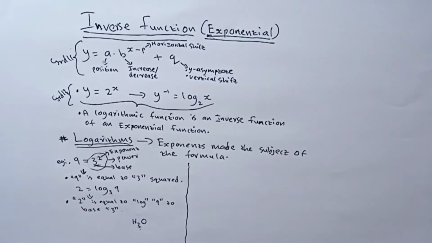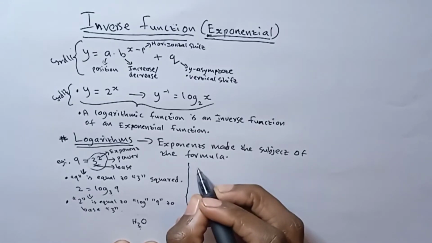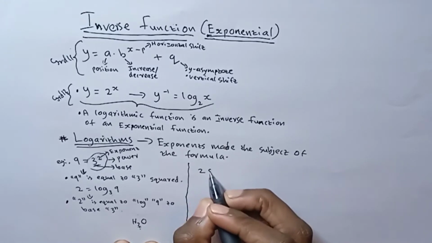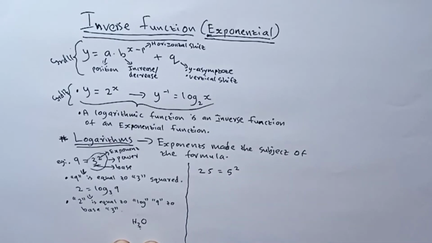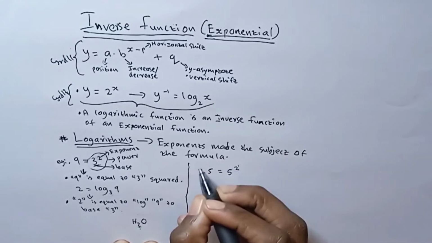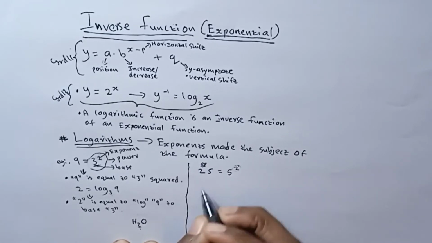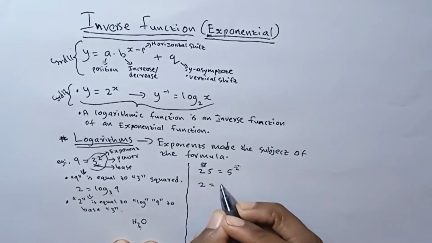Makes sense. So how do we convert them? Let's say for an example, an interesting example would be 25 being equated to 5 to the exponent 2. If I want to make 2 the subject of the formula, I will say 2 is equal to what?